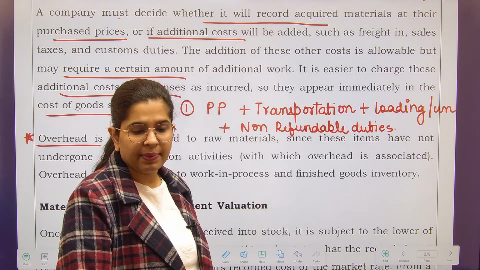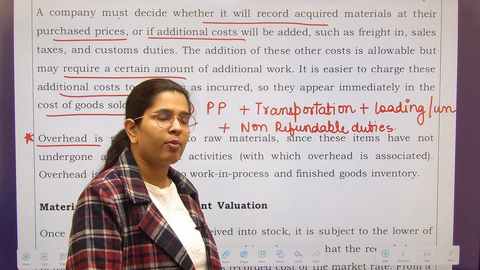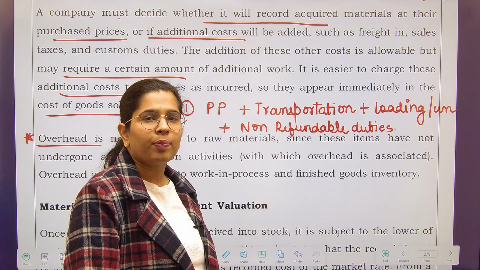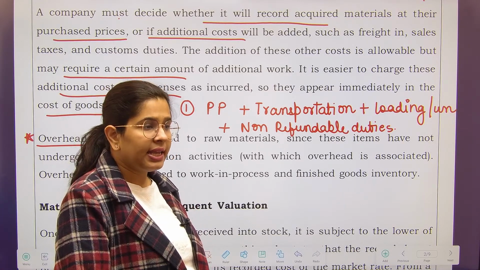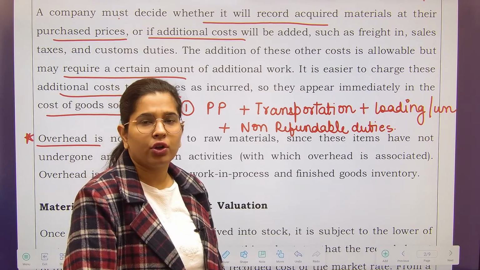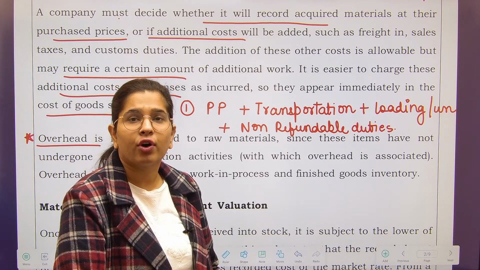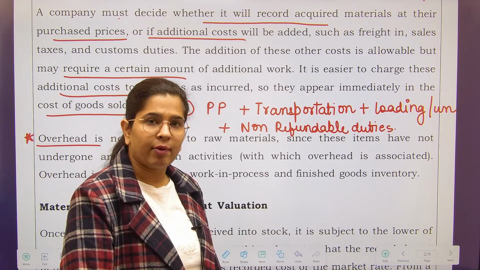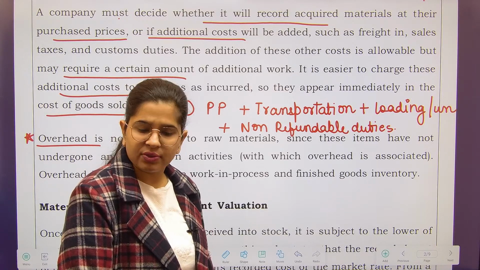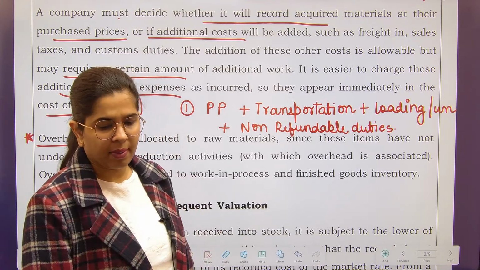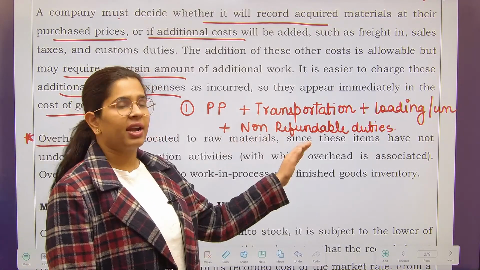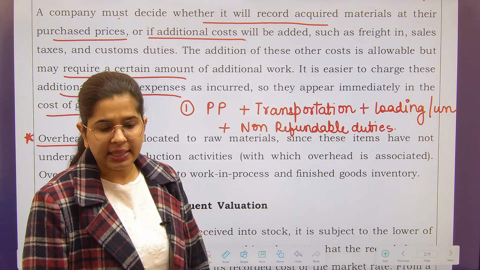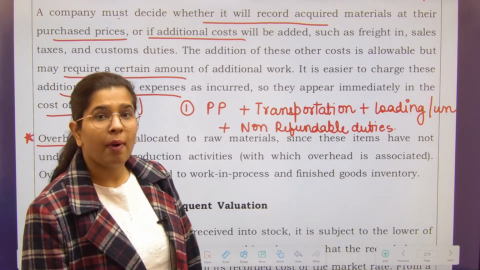But sometimes it happens, suppose you have purchased the maida from a composition dealer who has opted for the composition scheme. So any particular tax that he applies on the invoice, you will not receive any credit for that from the government. So if that is the case, you don't have to remember the taxations, you just have to remember all non-refundable duties and taxes. These will be added to the price of material.